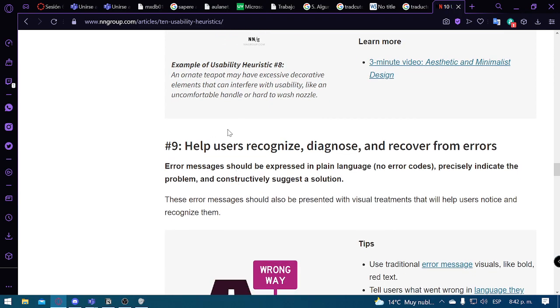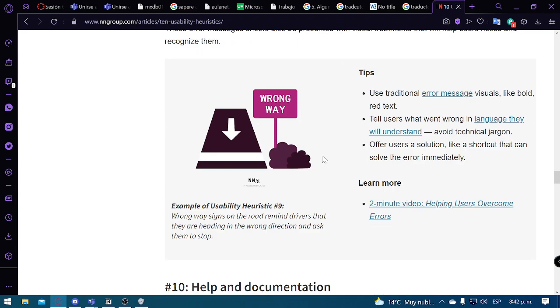The ninth tip is to help the users recognize, diagnose, and recover from errors. Error messages should be expressed in plain language without error codes. Precisely indicate the problem and constructively suggest a solution.